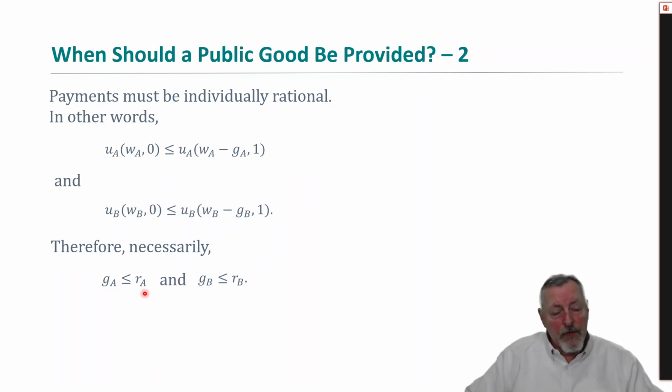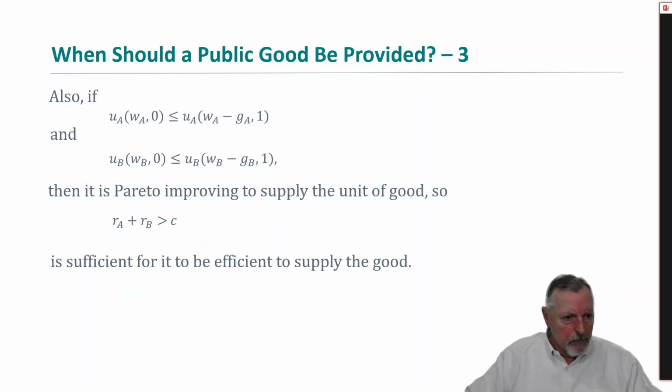If they had to pay more than they thought it was worth, it would not be rational to do so. Same must be true for person B. So, the utility of purchasing the public good for person A has to be greater than the utility of not purchasing it. That also must be true of B.